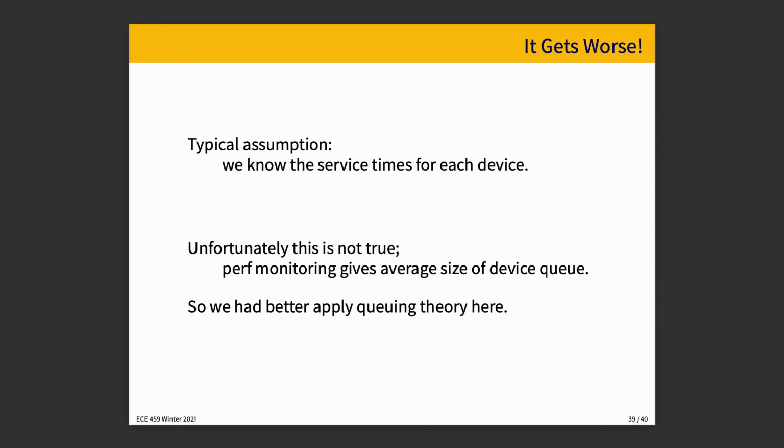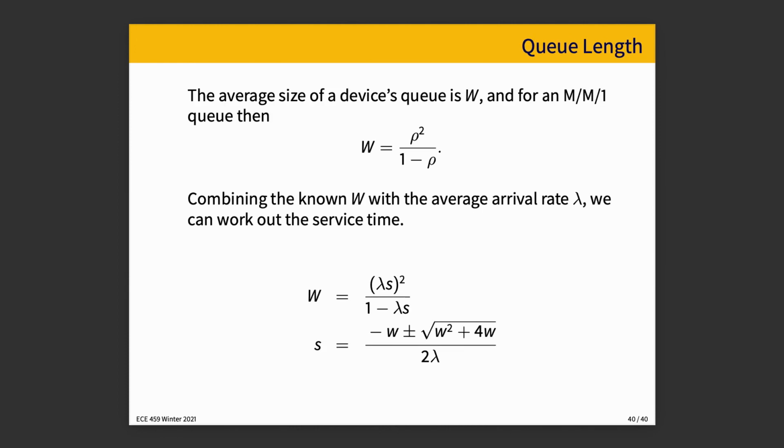Okay. The typical assumption, though, is that we know the service times for each device, but sometimes that's not true. Sometimes your performance monitoring, the things the operating system gives you, just tell you the average size of a device queue. So you have to work backwards from there to get the service time, and that's not super hard.